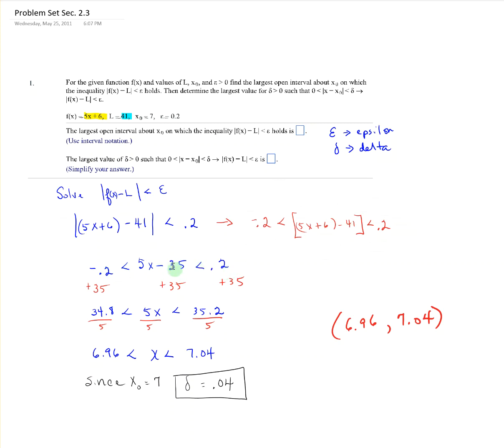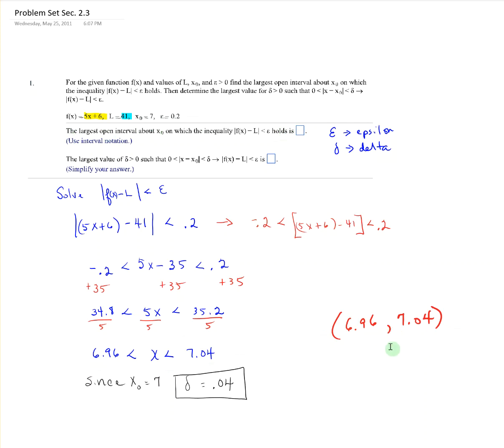To solve that, we have to get rid of the 35 first. We do that everywhere. On this side we have 34.8, on this side we have 35.2, and we have 5x in the middle. We're solving for x, so we're going to divide by 5 all 3 places. So we do that. Now I have x falls between 6.96 and 7.04. That is the interval that is asked for in this first part.